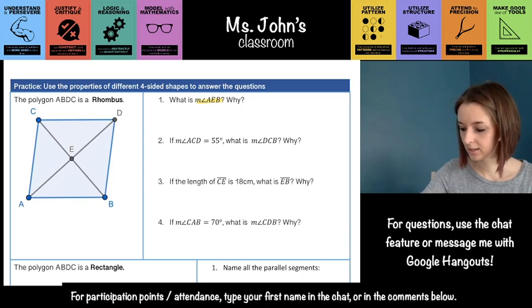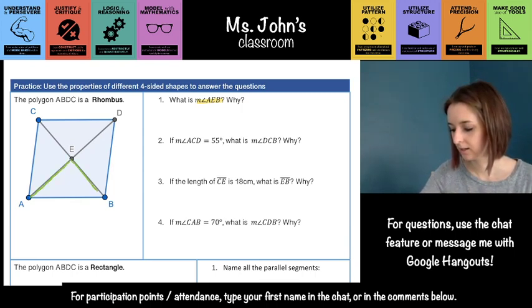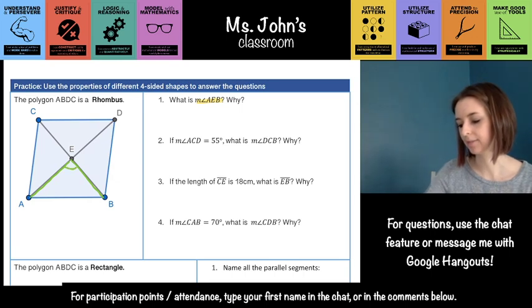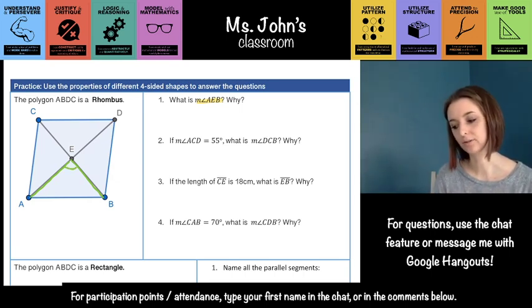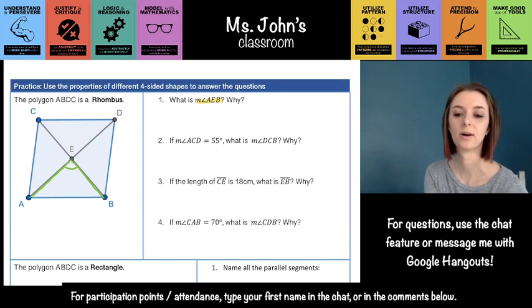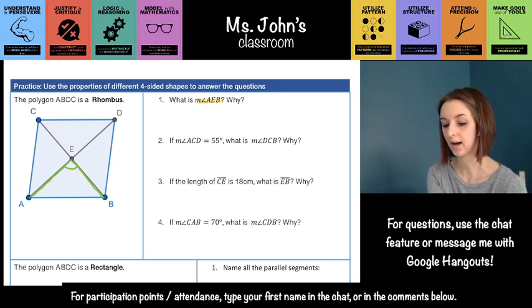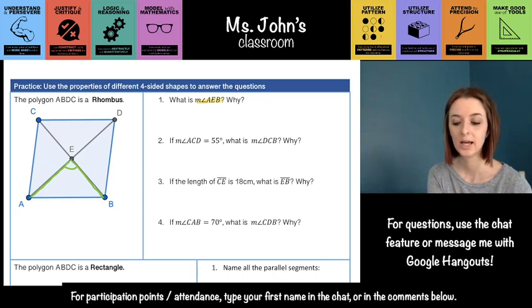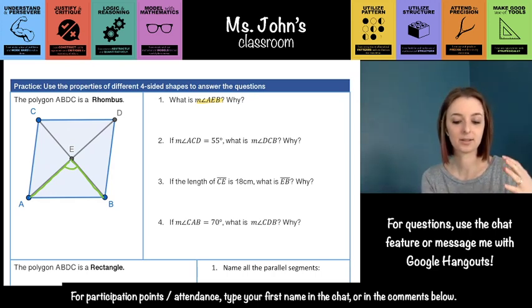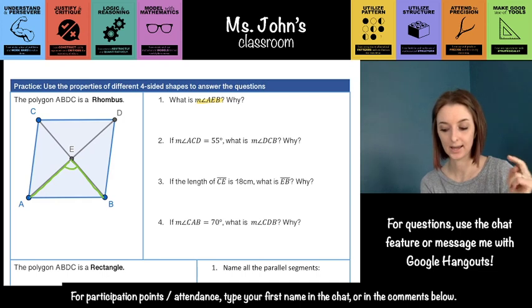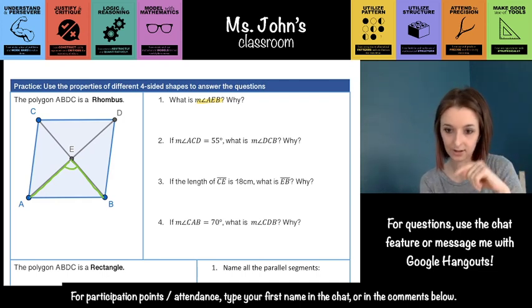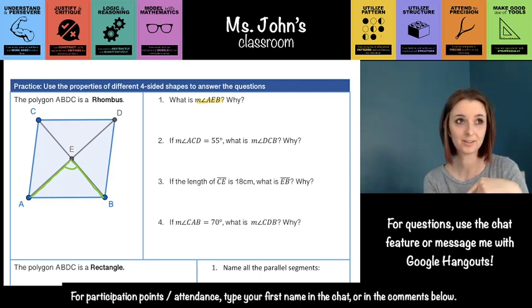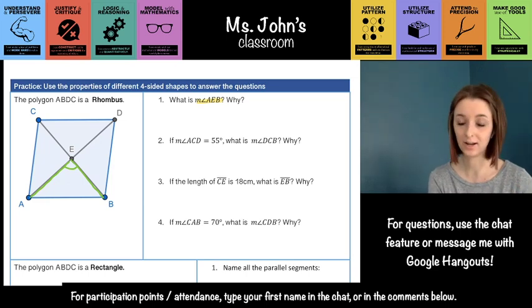AEB is this angle right here. It's asking what that angle is, and it asks why. If you go back to your rhombus chart, it says that the diagonals are perpendicular, which means that they meet at a 90-degree angle.